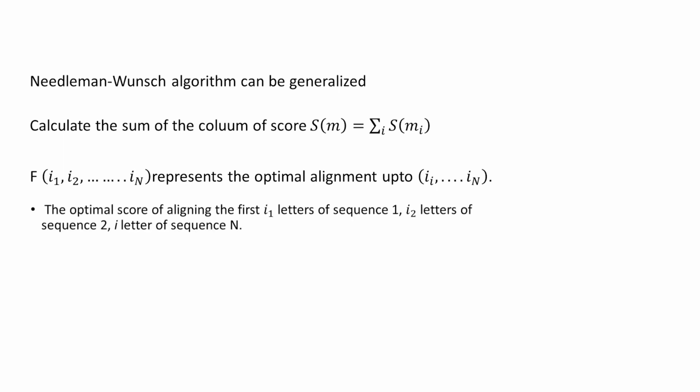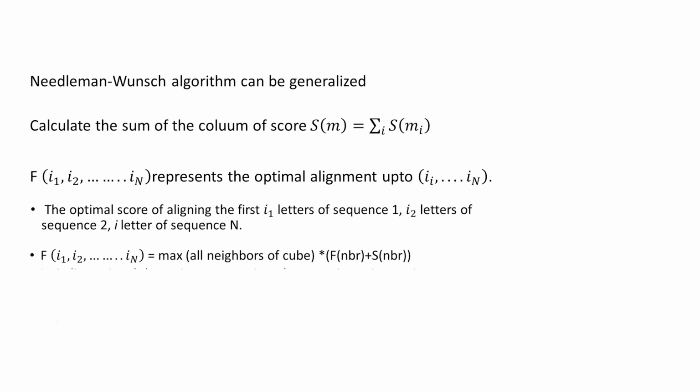The optimal score of alignment of the first i1 letters of sequence 1, the first i2 letters of sequence 2, up to sequence n, and so on. F(i1, i2, ..., in) is equal to the maximum over all neighbors of f(neighbor) plus s(neighbor).